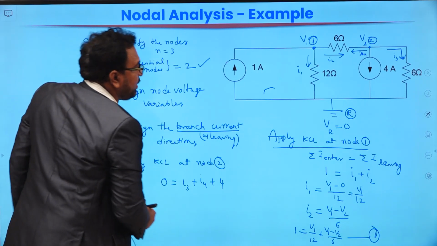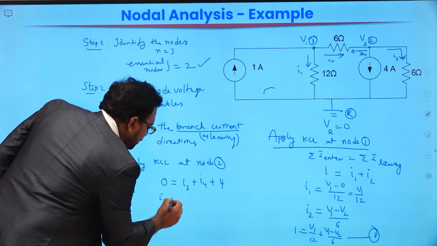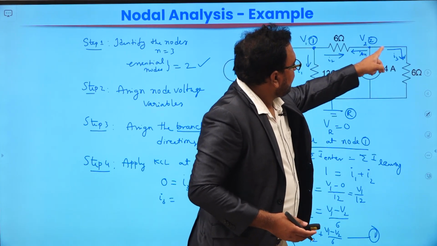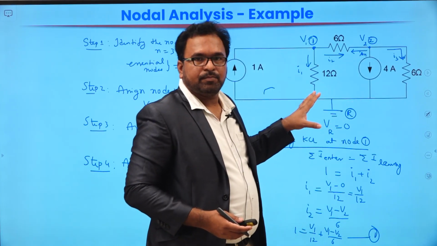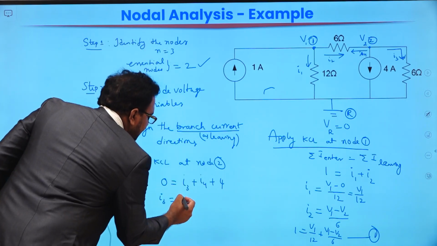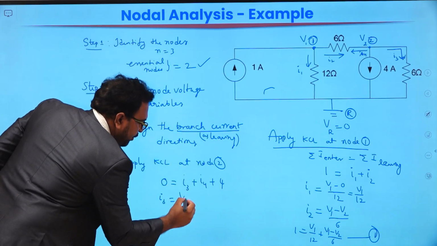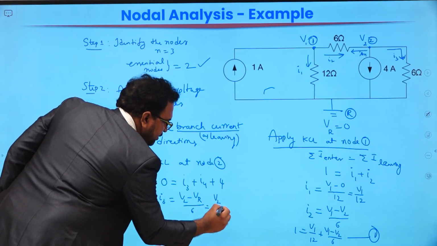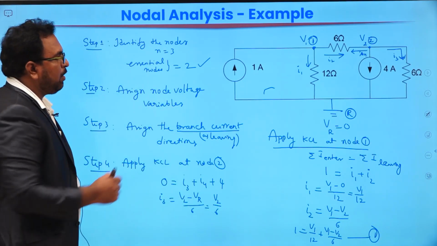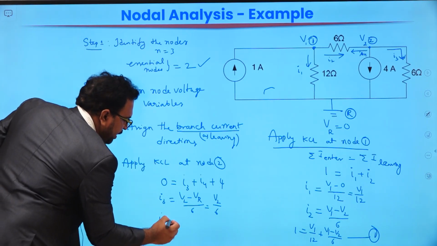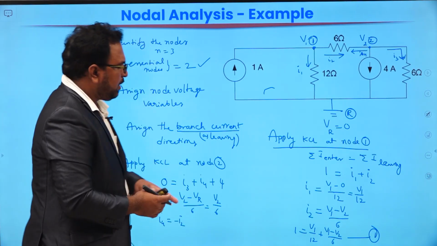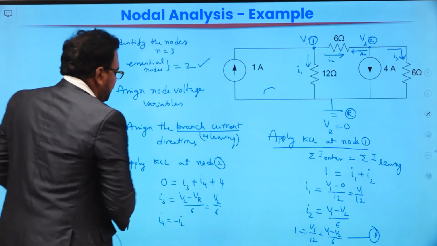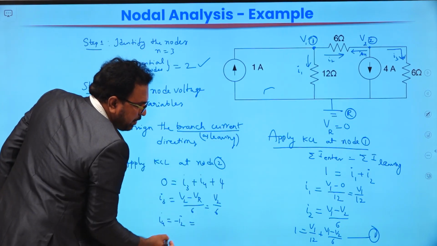Now what is I3? I3 is the current flowing through 6 ohms, and the 6 ohms is connected between node 2 and the ground node. So the current is V2 by 6, since VR is 0. And what about I4? I4 is minus I2, because already we calculated I2. I4 and I2 are opposite to each other. What is the I2 value here?